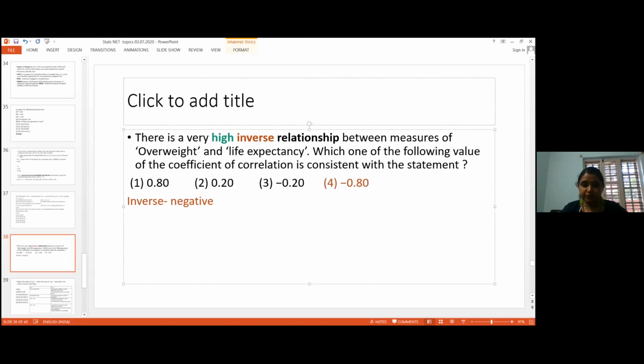Good that you gave an answer so that I understood I haven't explained it properly. Direct means positive. Relations, direction, and strength are explained. This gives the direction of the relation, inverse or direct, and this is the strength of the relation. So the answer is D, 4.